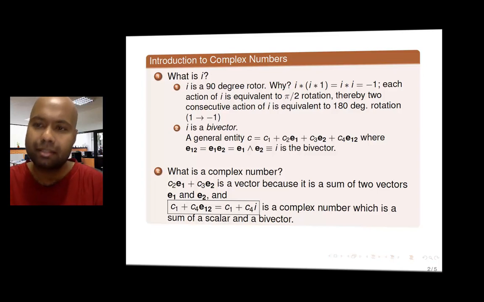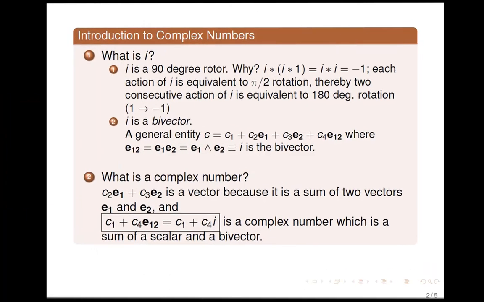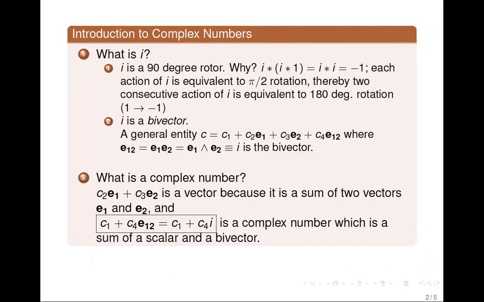There are, in fact, two interpretations of iota, and thereby the geometrical meaning of square root of -1. The first interpretation is that iota is a 90-degree rotor, or a rotation of pi/2. Let us see why that is the case.